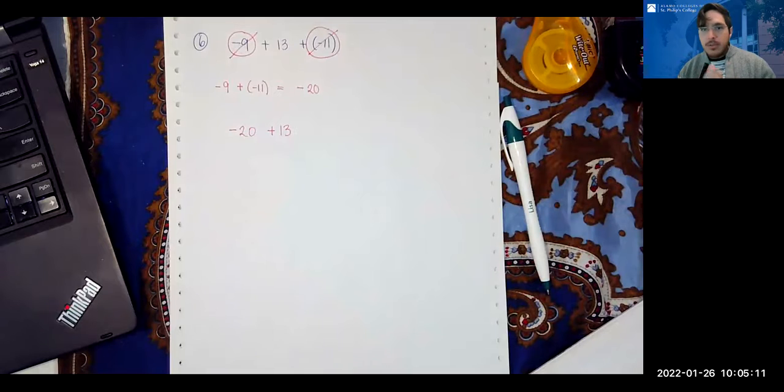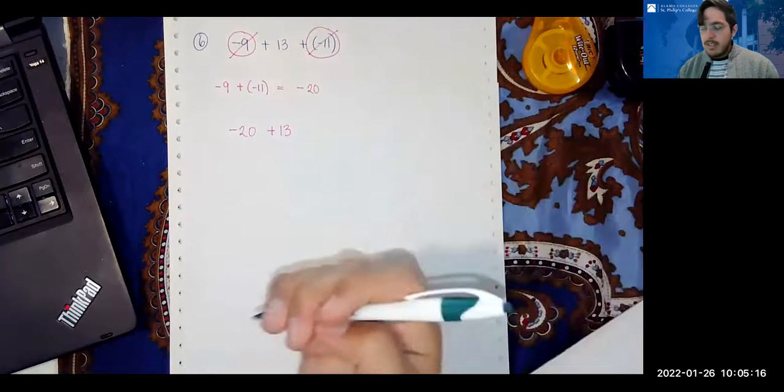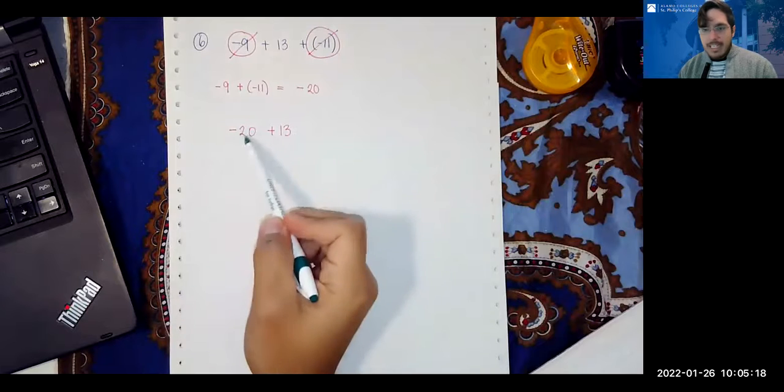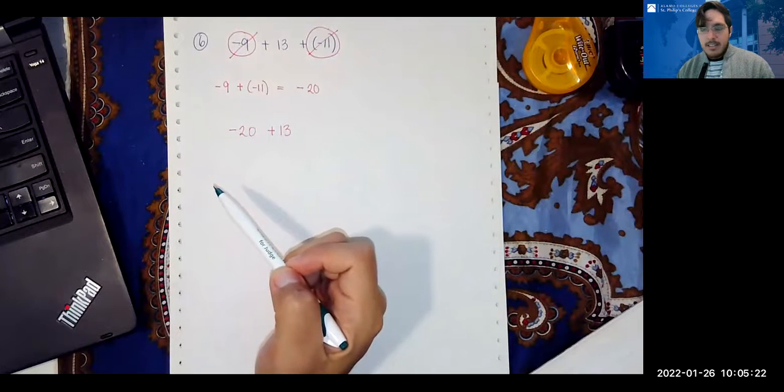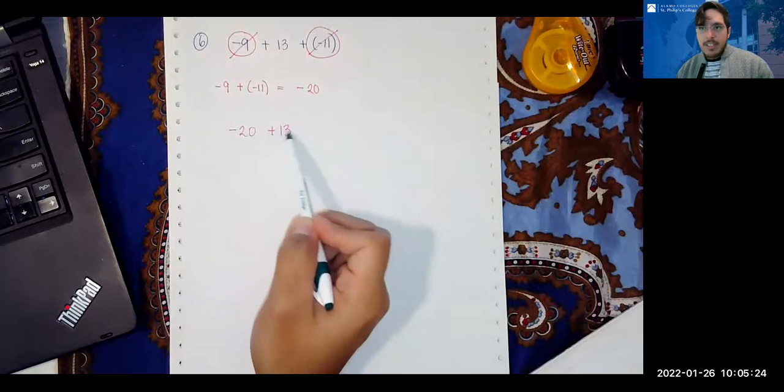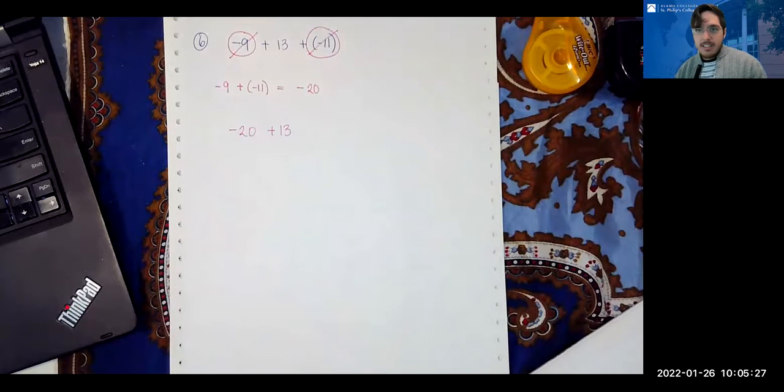But now we have two different signs, so the rule is different. Again, you can still think about money. If I had -20 in the bank and I deposited 13, 13 is not big enough to take me into the positives. So I should still be negative.